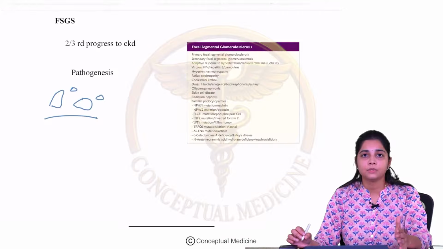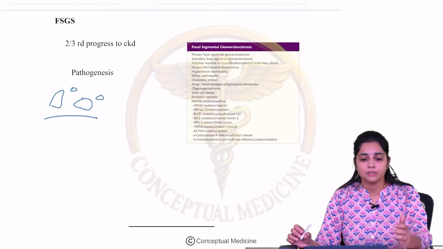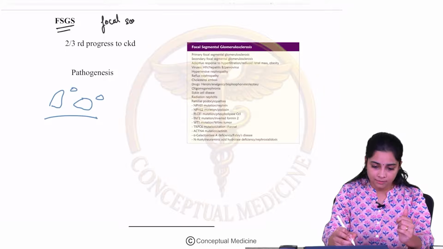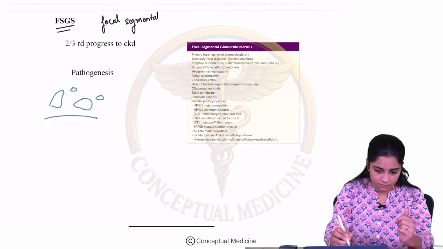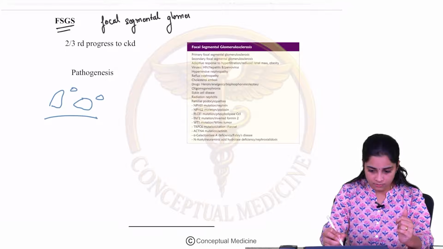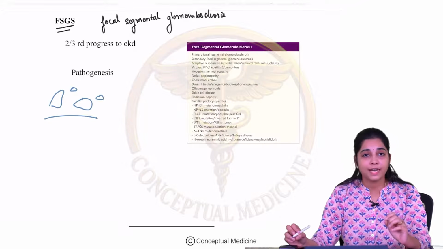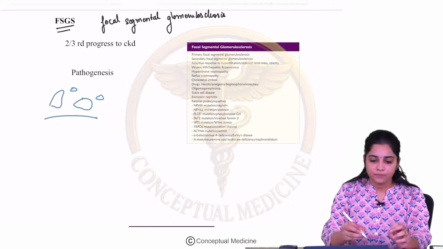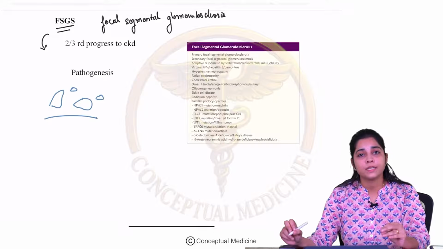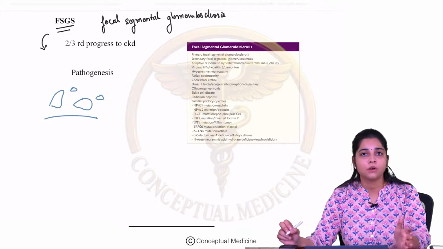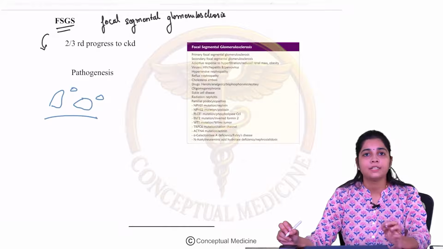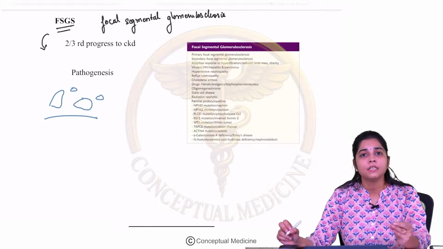So let us move on to the next type of nephrotic syndrome, which is FSGS, which stands for focal segmental glomerulosclerosis. This particular FSGS is basically a pattern that you obtain on your biopsy, and FSGS does not refer to any particular cause.